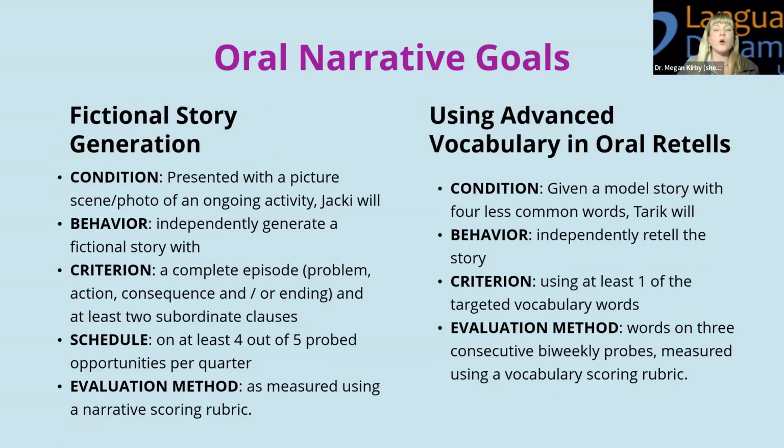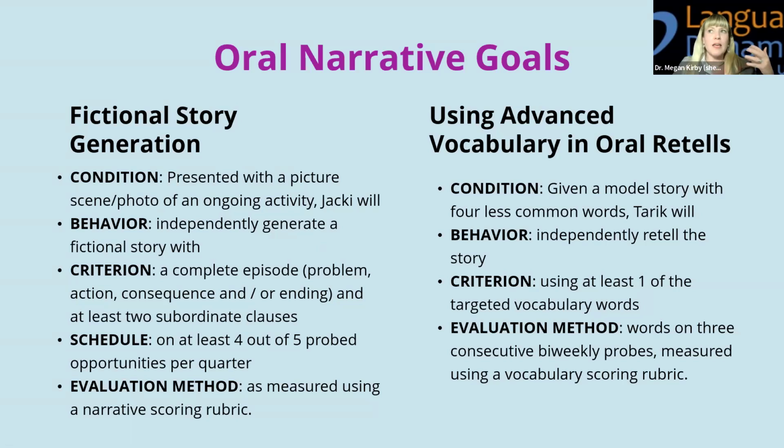Other ideas? So you're going to want to go from episode, complete episode, retell, personal. Okay. And then you can work on fictional after that, but don't get too ahead of me. I'm not saying you can't work on vocabulary yet. But if you want to work on fictional because they've got personal down, which is awesome, this would be another idea: presented with a picture, scene, or a photo of some ongoing activity.